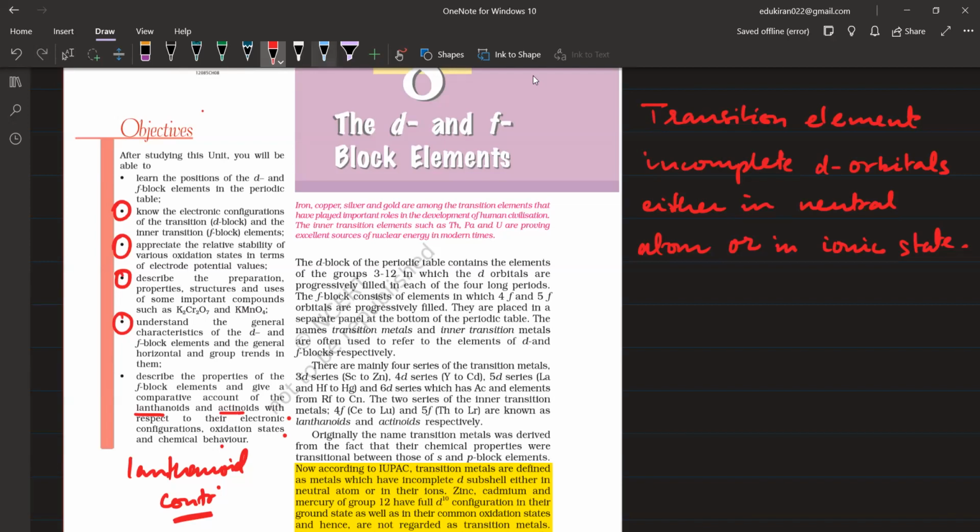It should be neutral atom में आपके पास incomplete d orbitals, you should have the incomplete d orbitals either in the neutral atom or in the ionic state. If you have incomplete d orbitals in the neutral atom, then it is a transition element.